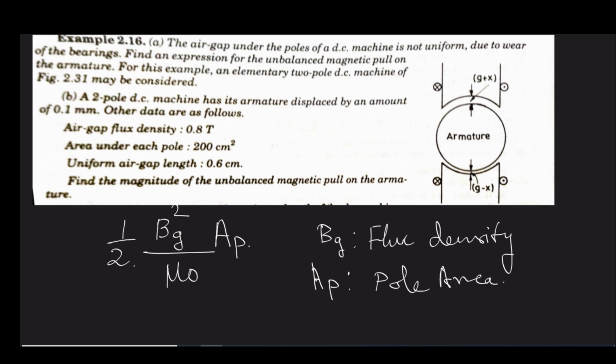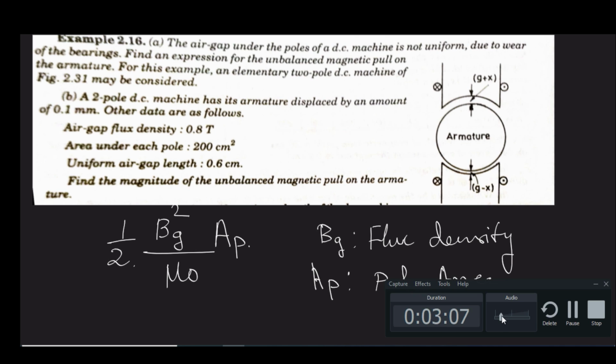Now, if that is the case, then at the side of an air gap of length g plus x, what would be the value, means how much it will be affected due to that shift.